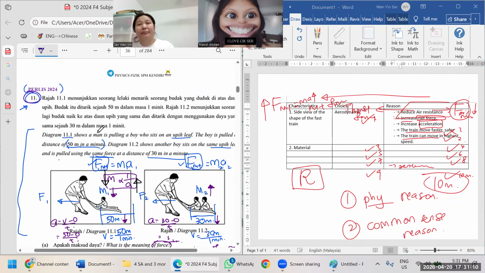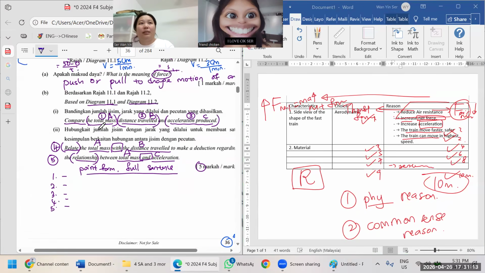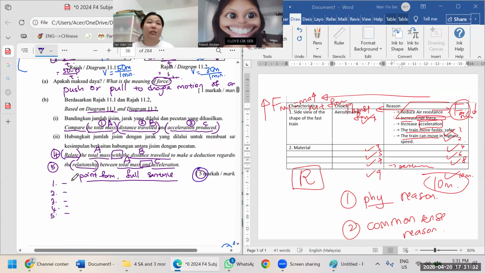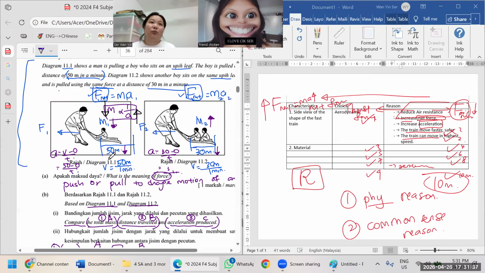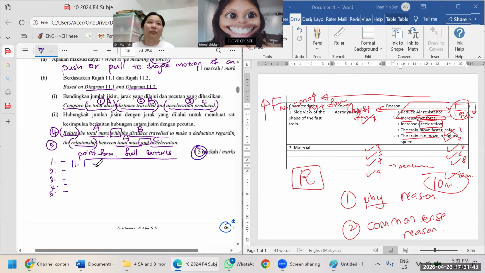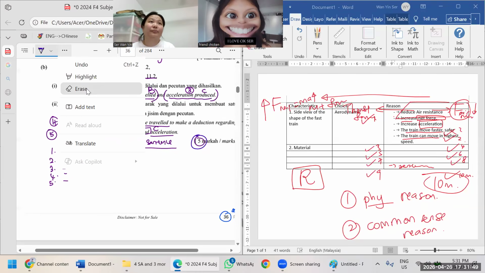Now when you see question 11, sure on the test pad, you can see again number 11, you get 5 marks for compare and relationship. This one I discussed before in the school review. By the way, especially for number 1, this is 11.1, 11.2. If you just say 11.1 is bigger than 11.2, is it mass, total mass? Oh, sorry, less than.